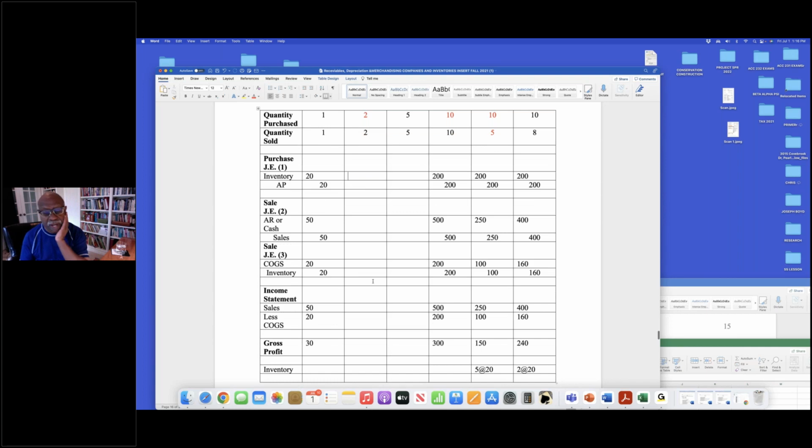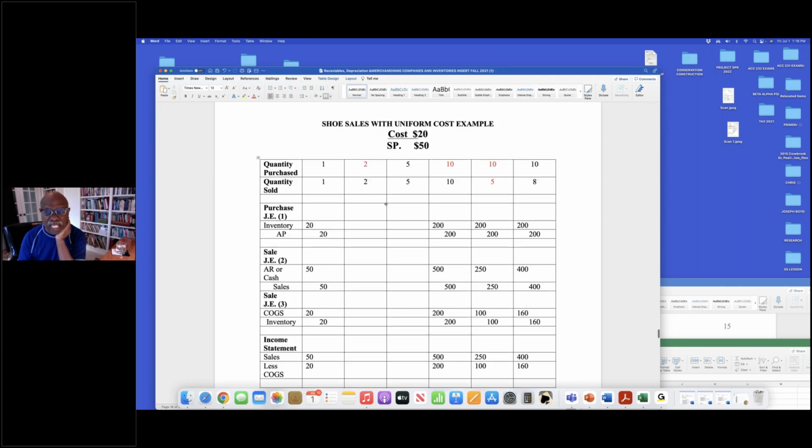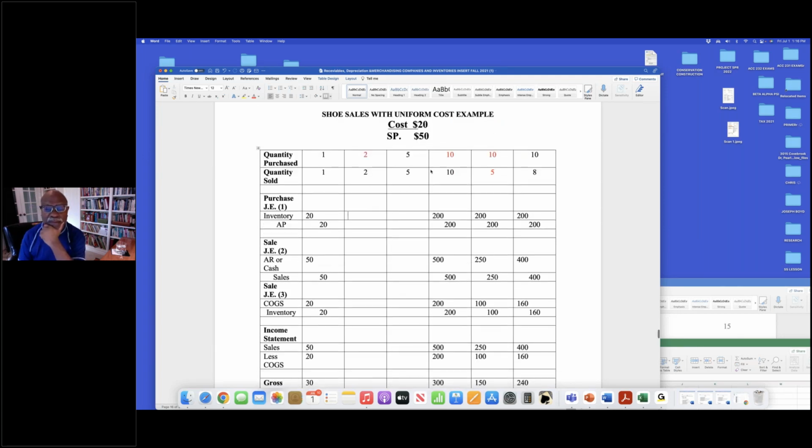I'm going to give you all about 3 minutes. Can you all handle selling two pairs of shoes that cost 20 and the selling price is 50? Stalwart and Hari, can y'all handle that? Can y'all sell two pairs of shoes?